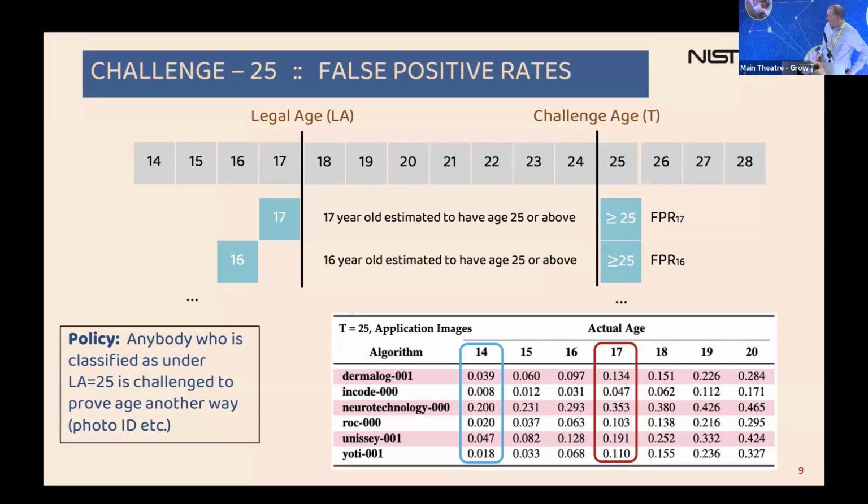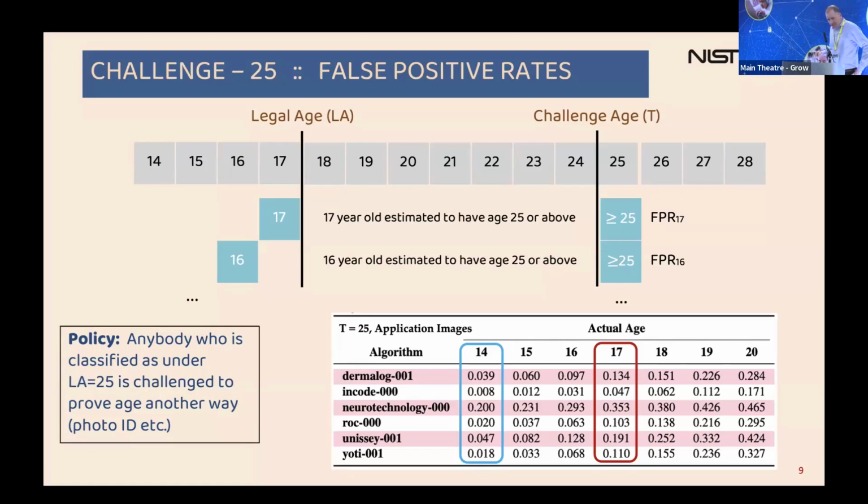So if you're 17, we have a false positive rate. I don't know if that's the language being used in the standard exactly right now. We have a false positive rate for 17-year-olds classified as over 25, 16-year-olds as well. Then we have a table at the bottom, 6 different algorithms, and for each age, it says how often those people are classified as over 25.